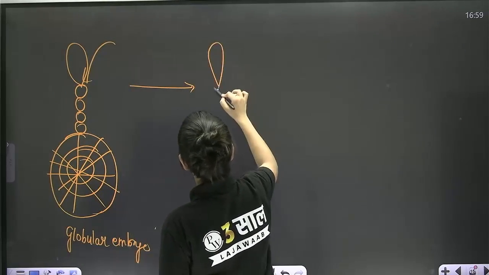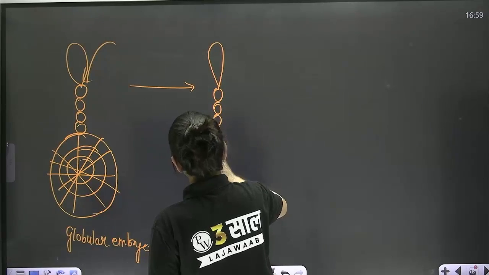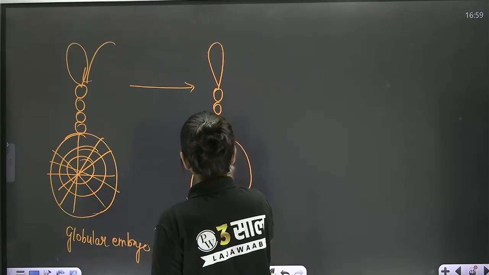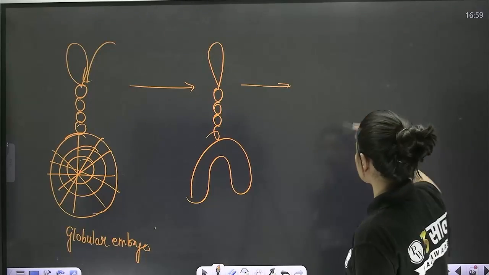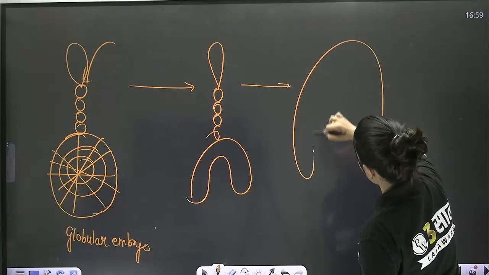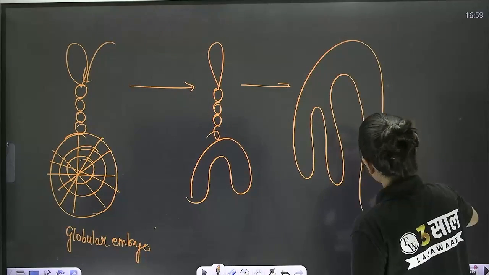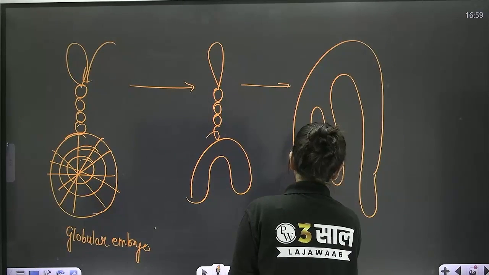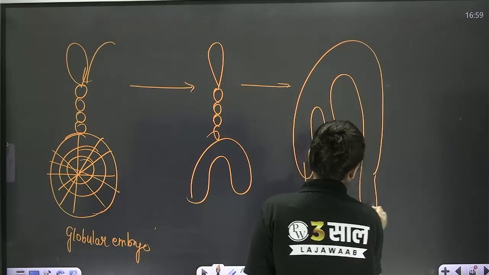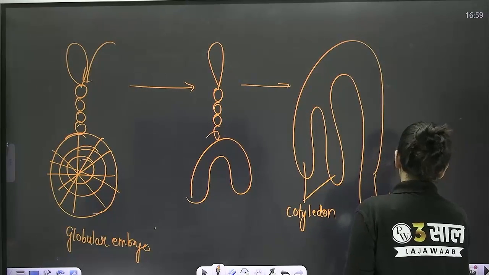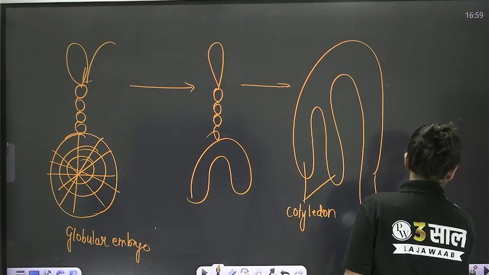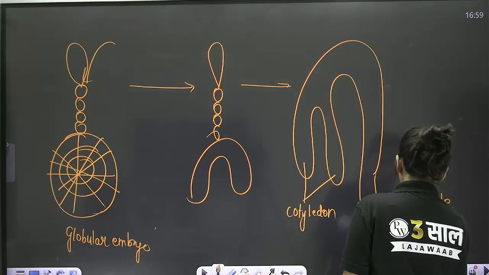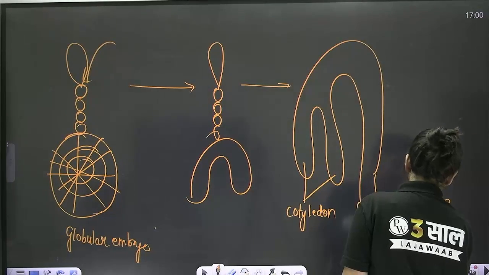Further, the shape changes to a heart-shaped embryo and finally gives rise to the pendant-shaped embryo, where all the tissues are very clearly visible. This is the cotyledon of the future embryo, right? This is the radicle, which will give rise to the root system protected by the root cap.